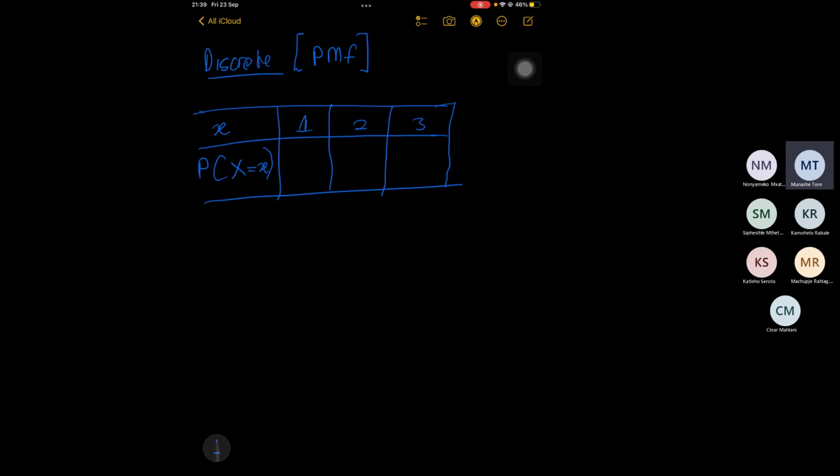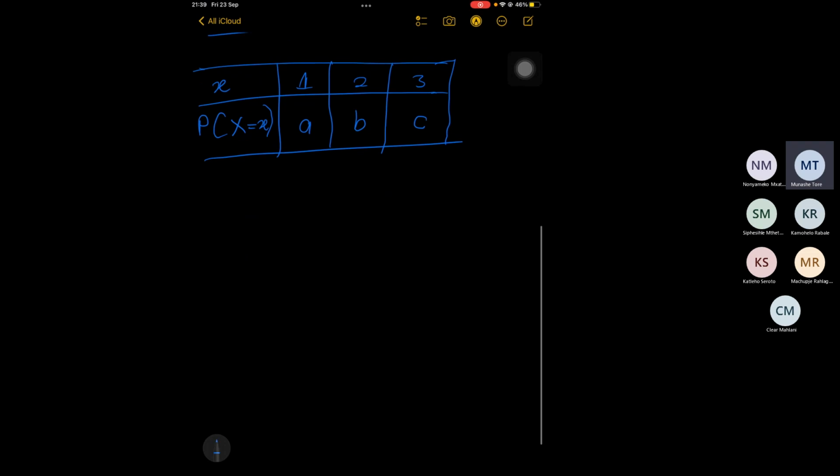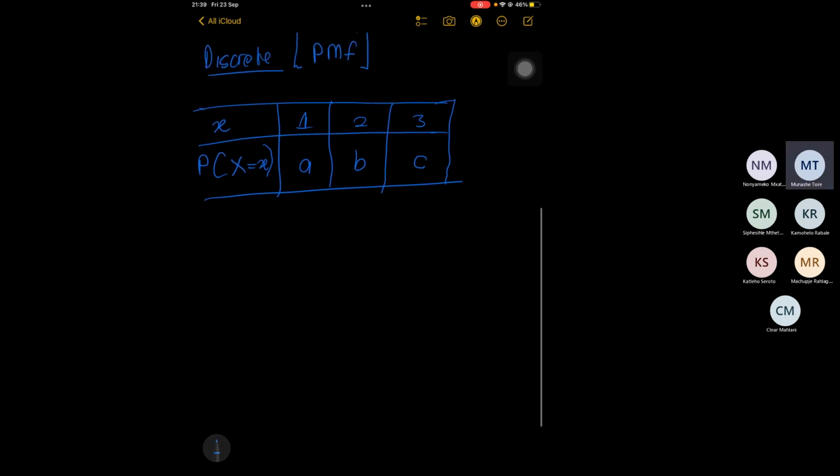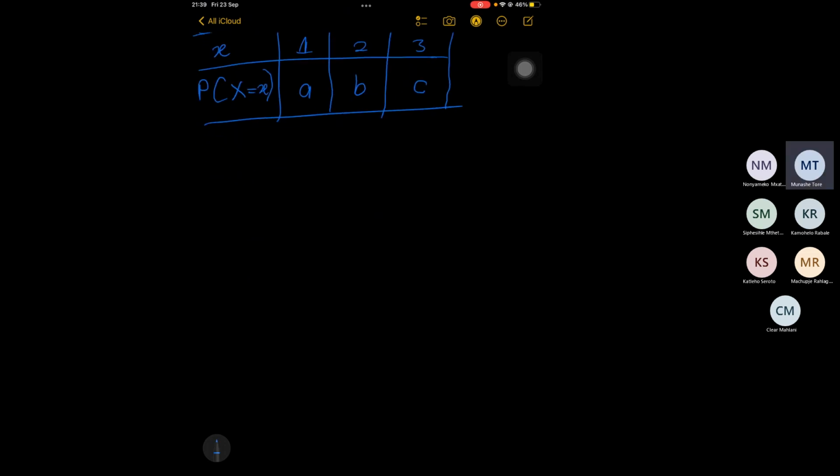Then probability of X equals x. Let's say we have A, B, and C, isn't it? So amongst the properties of a PMF, one thing you have to know is the summation of all probabilities is always equal to 1. Please keep note of this property.